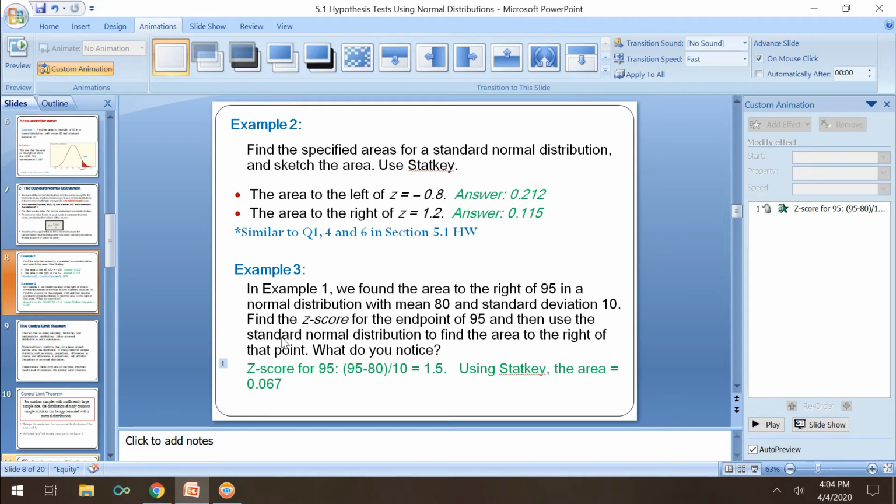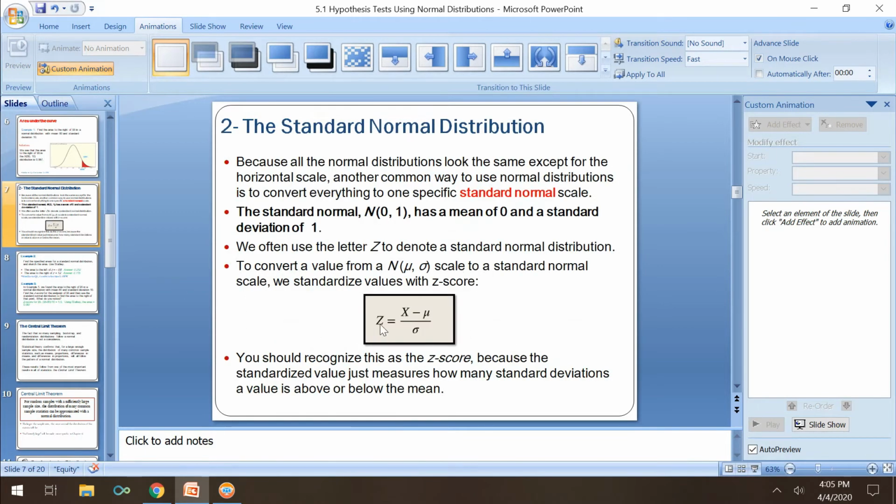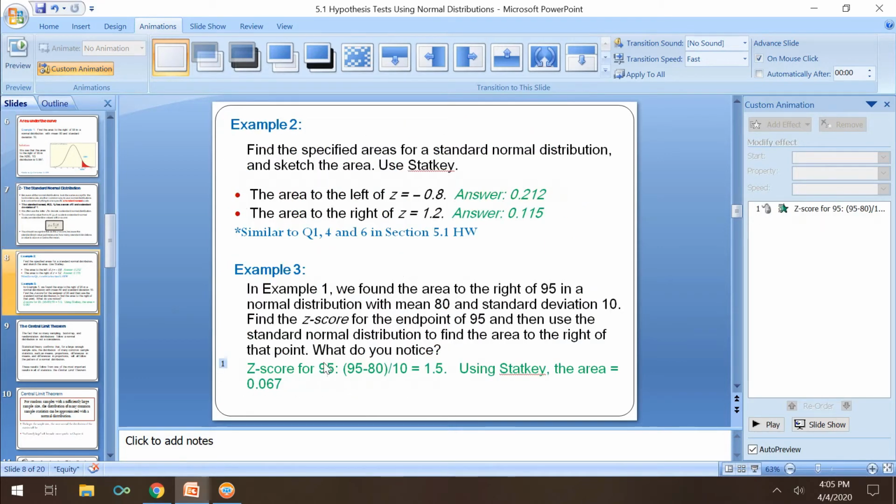So remember, again, you cannot use the standard normal distribution unless you convert everything using the z-score formula. So the z-score for 95 is the statistic minus the mean over the standard deviation. So I'm using the formula over here. The statistic, which is 95, minus the mean, which was 80, over the standard deviation, which is 10. If I do that, the z-score for 95 will be 1.5.